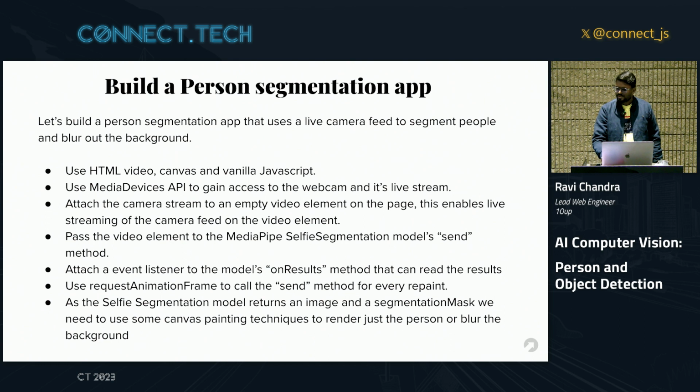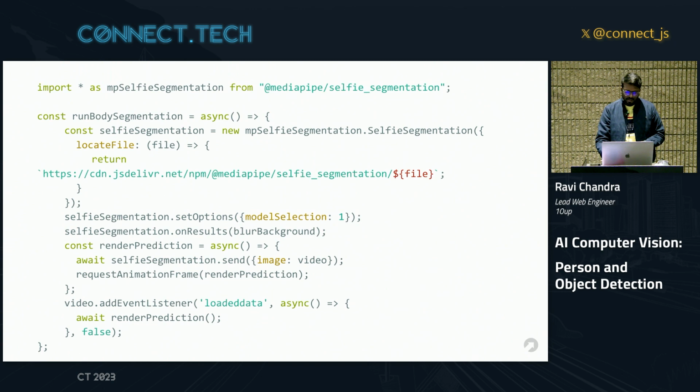And because it only returns a segmentation mask, we need to use some canvas painting techniques. We take the segmentation mask and our own original image, and we overlay it in such a way that we only keep the person and blur everything else out.